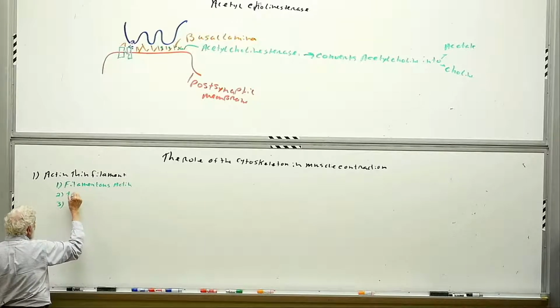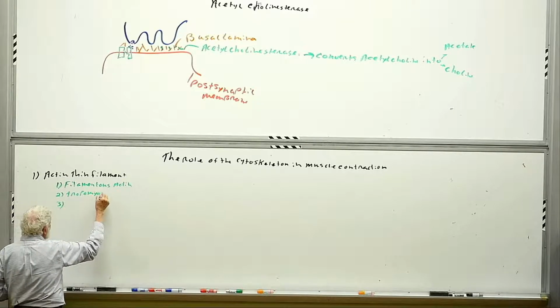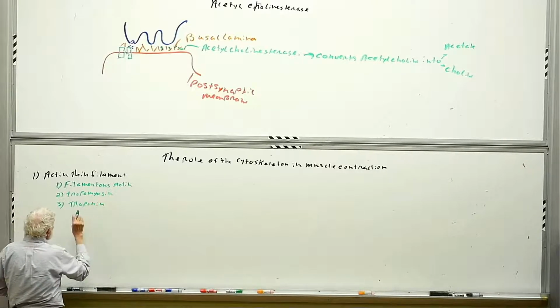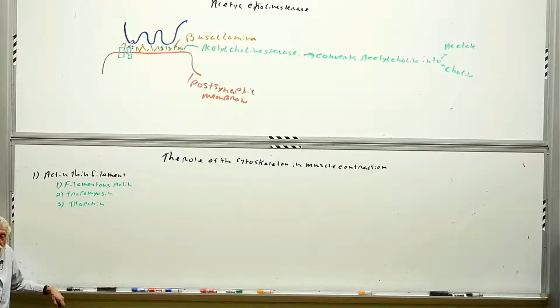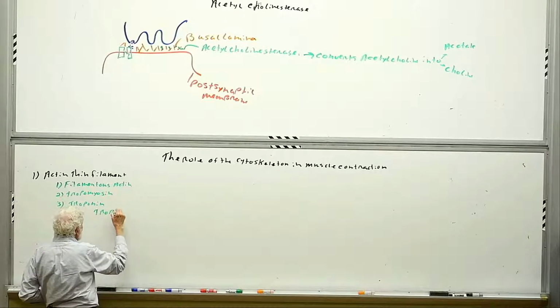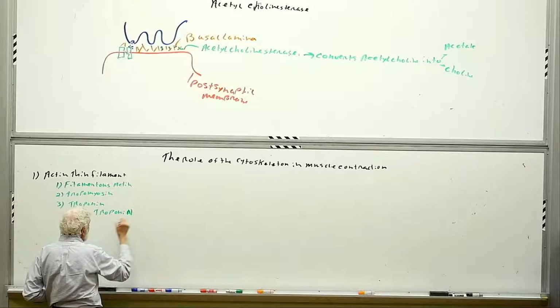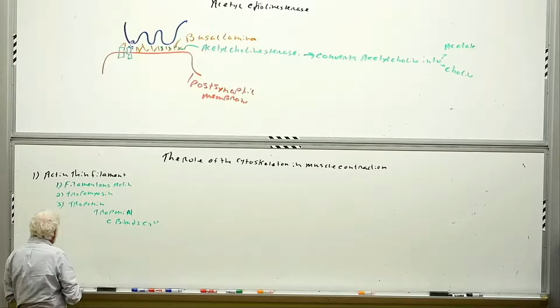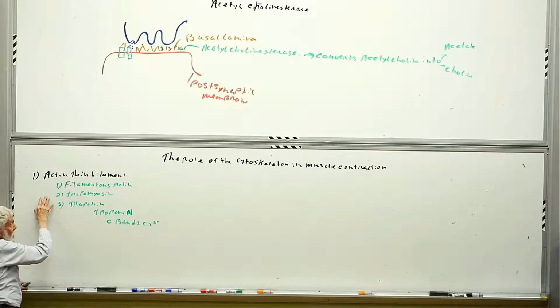One is called tropomyosin, and the other is called troponin. Turns out troponin is a trimer. There are three proteins in it: troponin C, troponin H, and troponin I. Don't worry about that, but know that the troponin, particularly troponin C, binds calcium. But all of these characters, the actin filament, the tropomyosin, troponin, are all part of the actin thin filament.